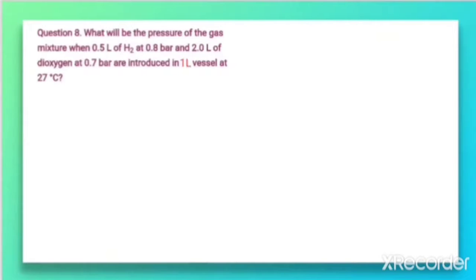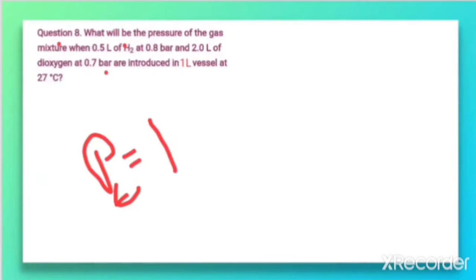So first of all, identify the given terms and what we have to find out. The question is, what will be the pressure of the gas mixture? So definitely what we need to find out is P total. And the two gases given here are hydrogen and oxygen.